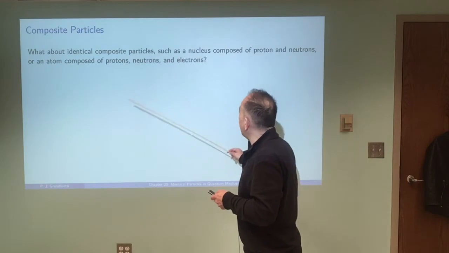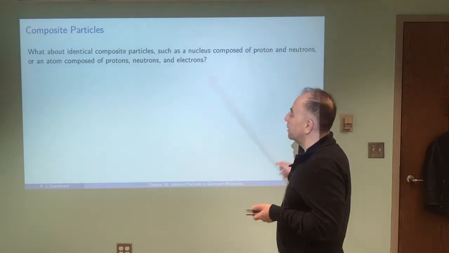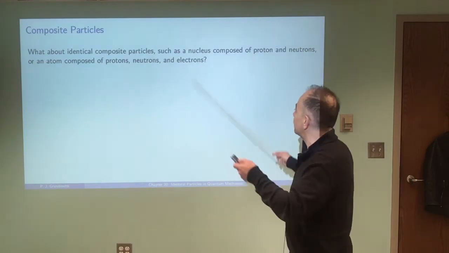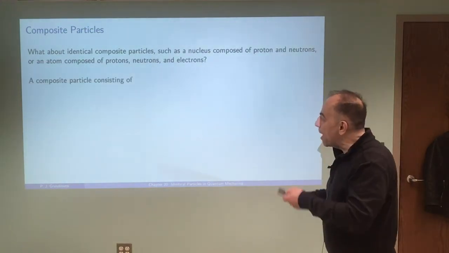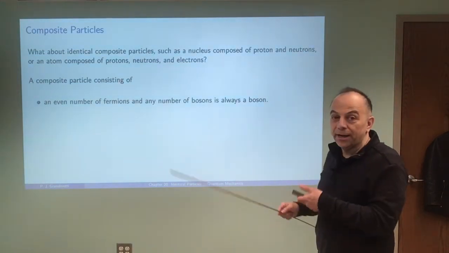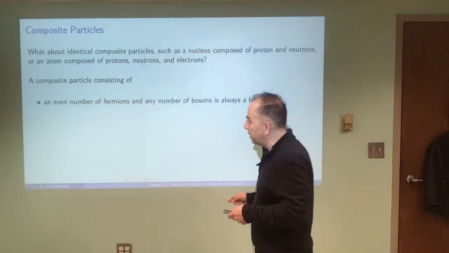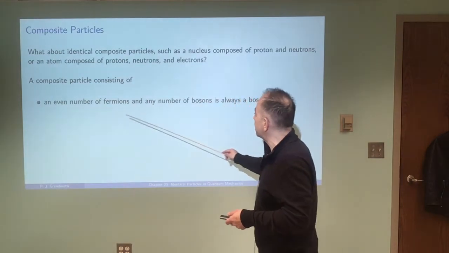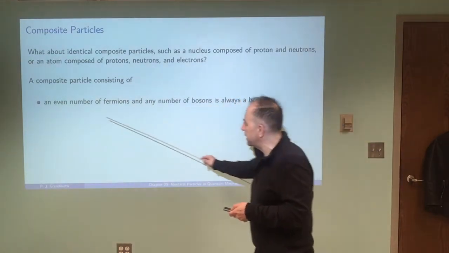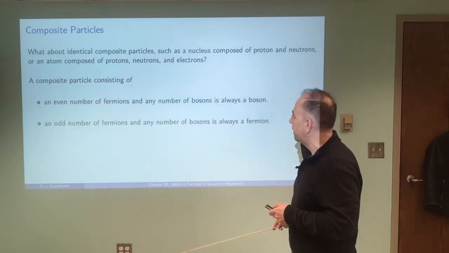Now, when you have composite particles, like a nucleus, which has protons and neutrons in it, or an atom, which has neutrons, protons, and electrons, the composite particle will be either a fermion or a boson depending on what its constituent particles are. If you have an even number of fermions and any number of bosons, then it will always be a boson. It's the even number of fermions that really makes the difference.